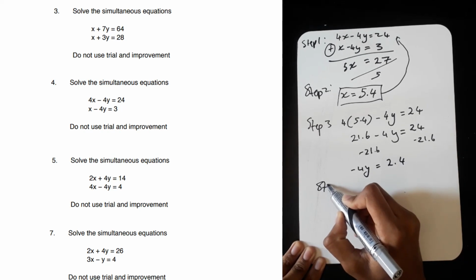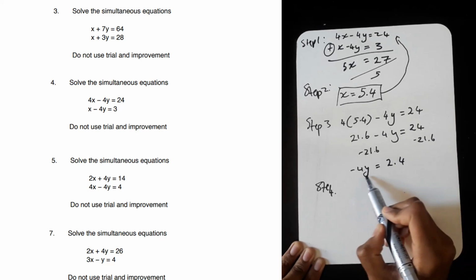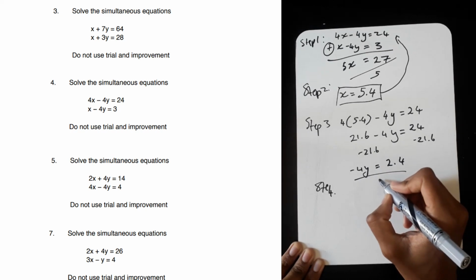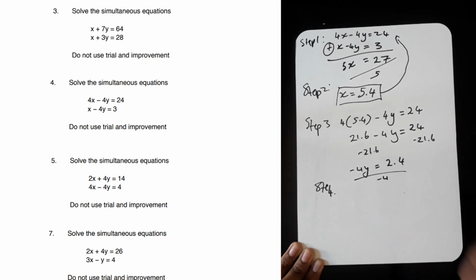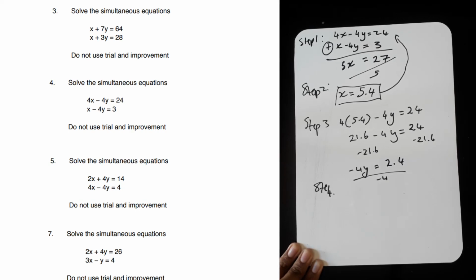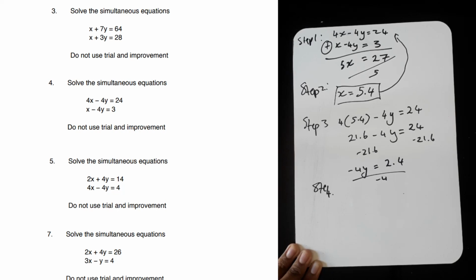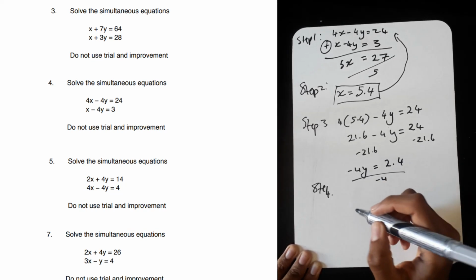So step 4. Okay, first you just divide by negative 4. And then you get negative 0.6.